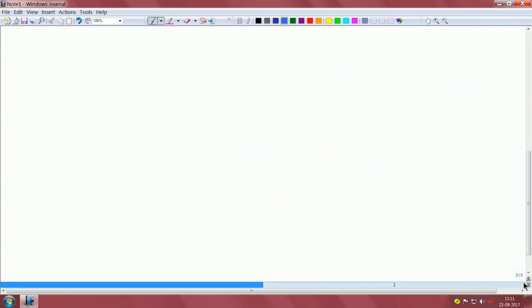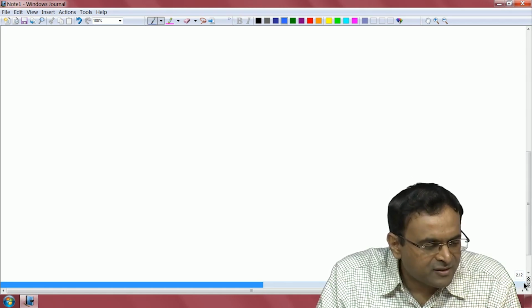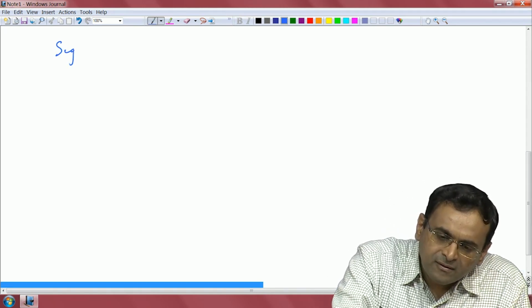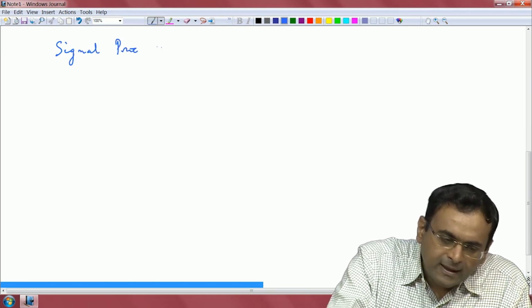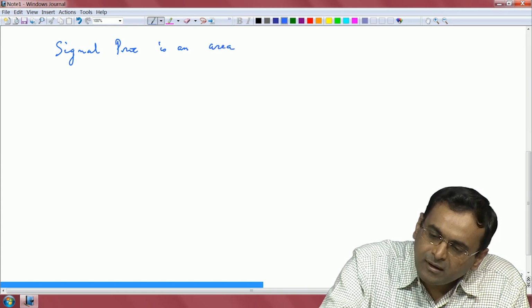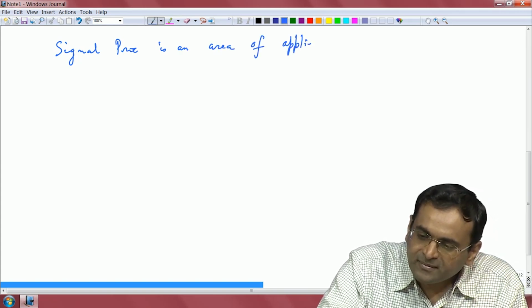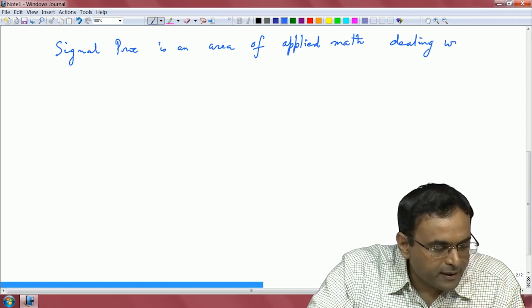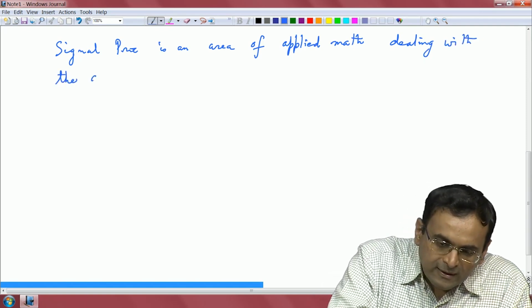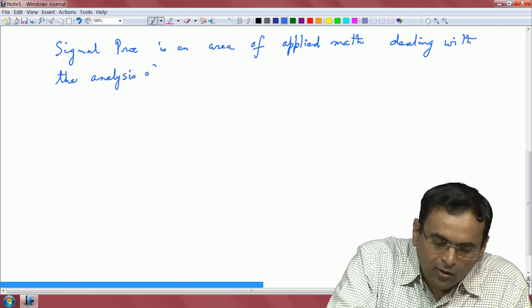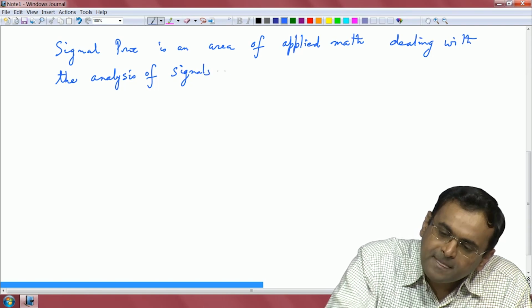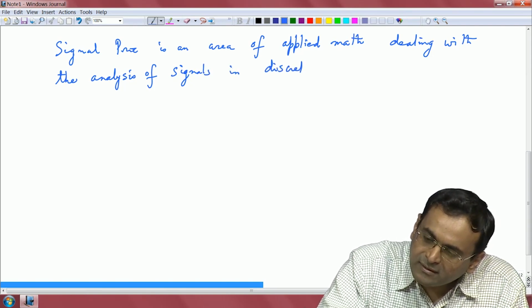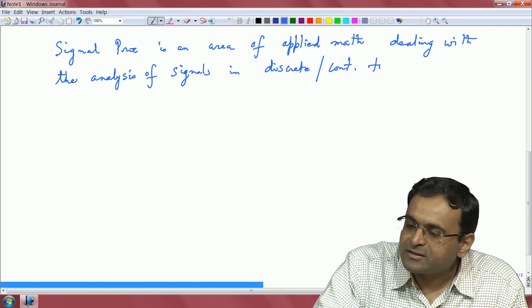Now, one might wonder, what is signal processing about? This is one of the major streams in electrical sciences. So, signal processing is an area of applied math dealing with the analysis of signals in discrete or continuous time.